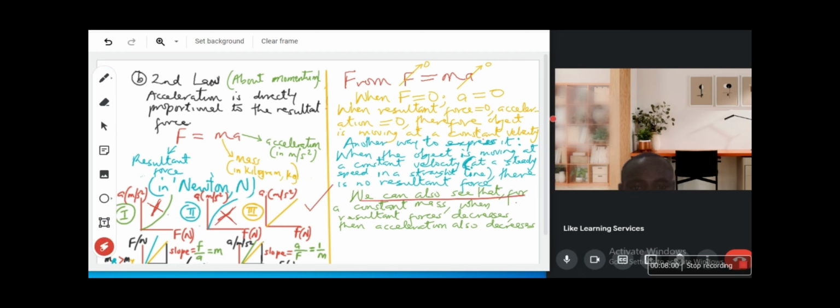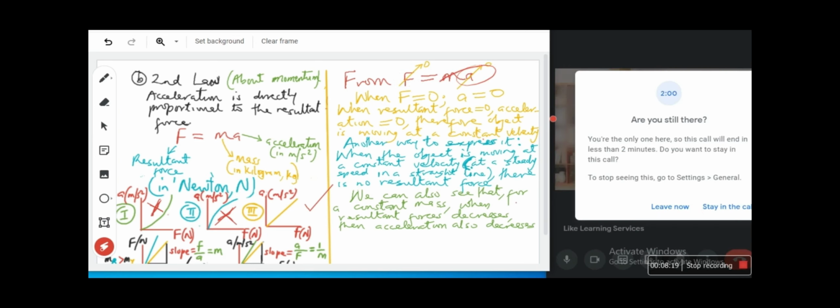And we can also see that for a constant mass, when mass does not change, when resultant force decreases, then acceleration also decreases. The only other time is when mass decreases for a constant resultant force, acceleration has to increase.